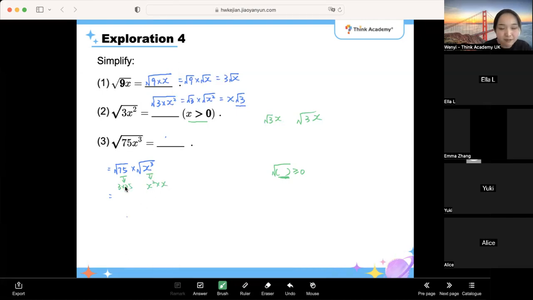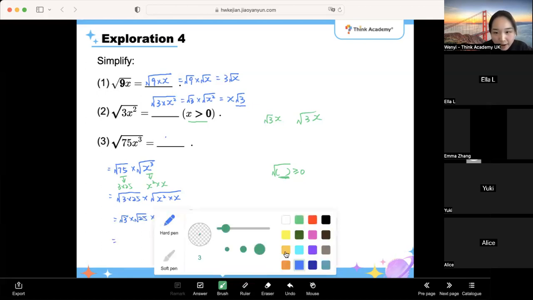So we can write our expression as root 3 times 25 times root x squared times x here. And further factorize the third, we get root 3 times root 25 times root x squared times root x.